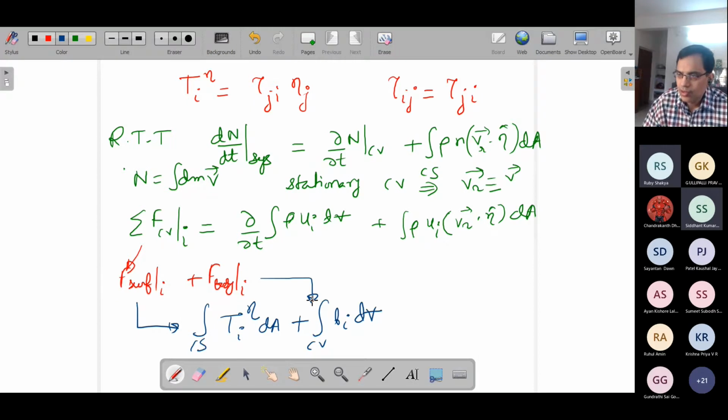Now for the traction vector Ti, we will use these two equations that we have at the top.